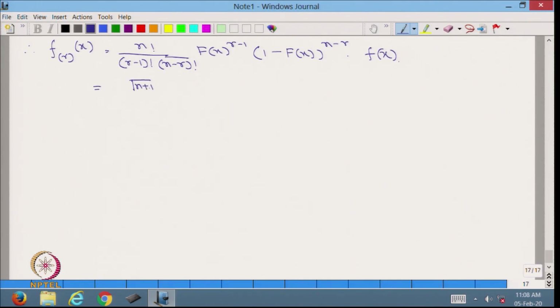gamma n plus 1. We know that gamma n plus 1 is equal to n factorial.